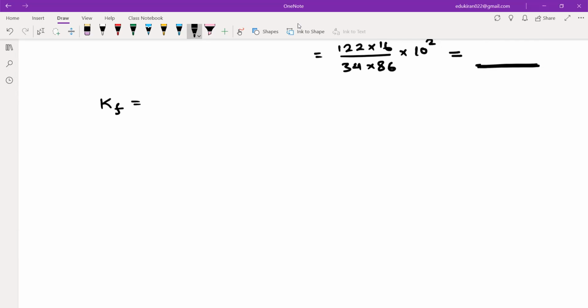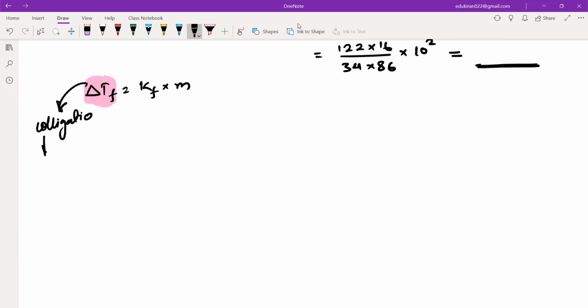Delta Tf is equal to Kf into m. This delta Tf is a colligative property, yes or no? Yes, sir.